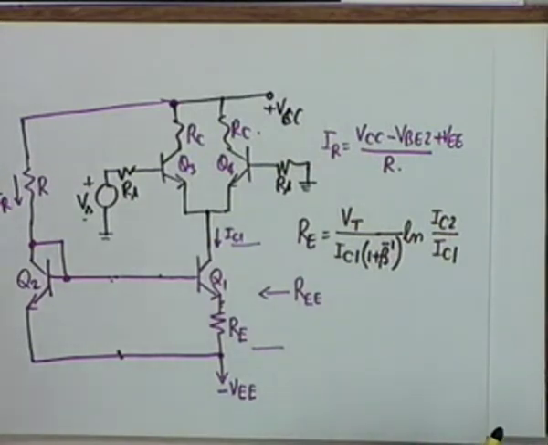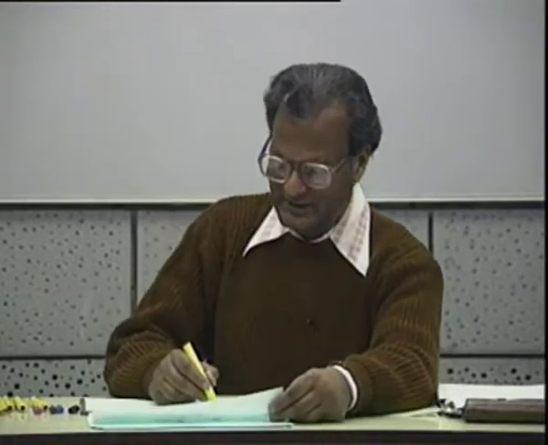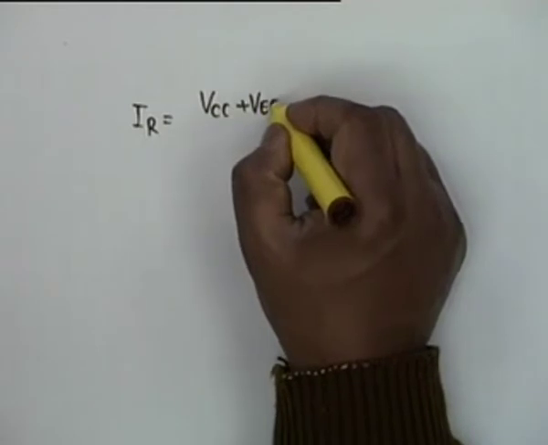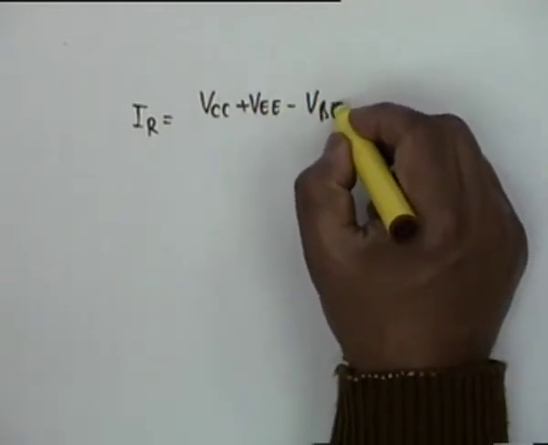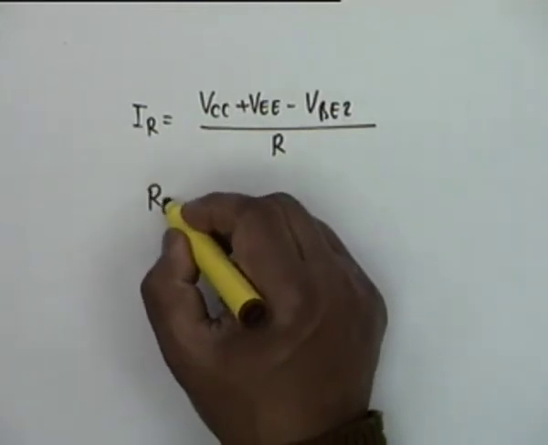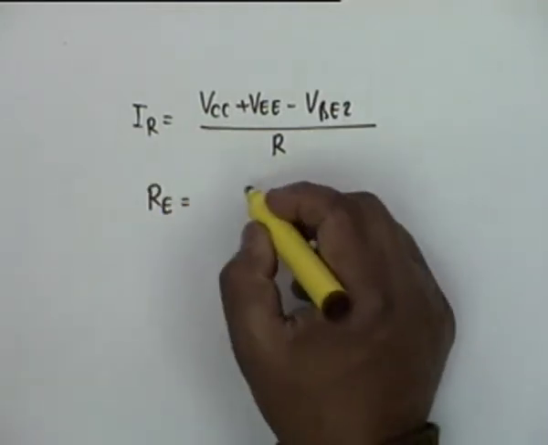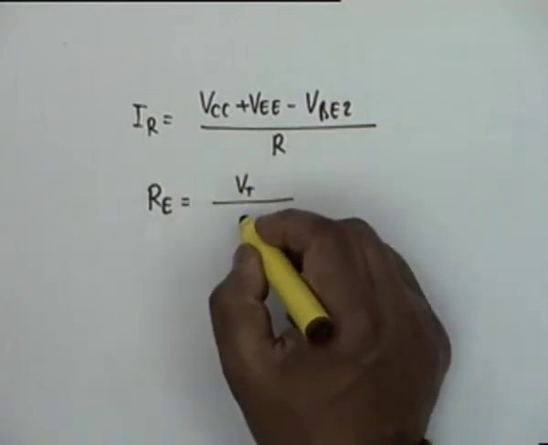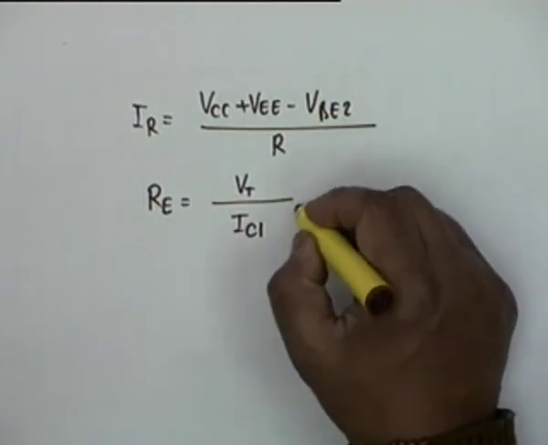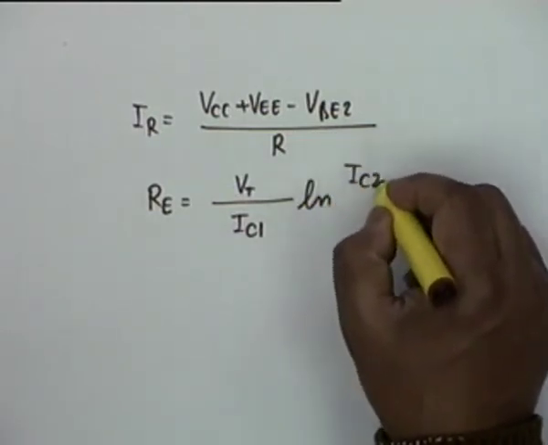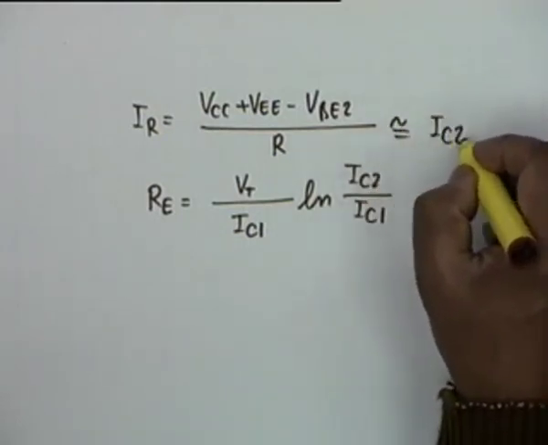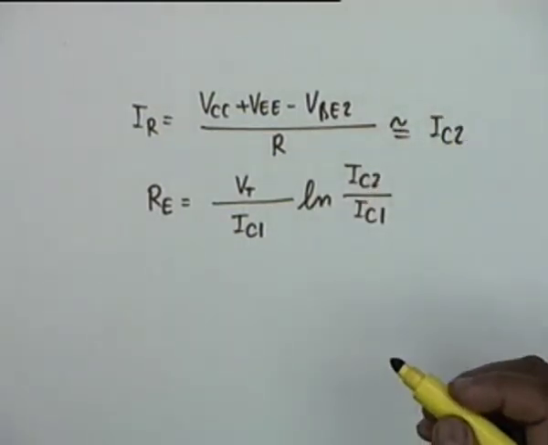For example, I sub R equals VCC plus VEE minus VBE2 divided by R, and RE, the resistance required, is VT divided by IC1 times log of IC2 divided by IC1, ignoring beta. And IR is equal to IC2 because of large beta.